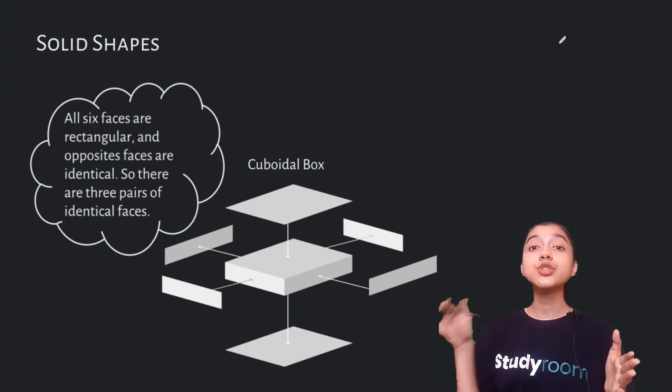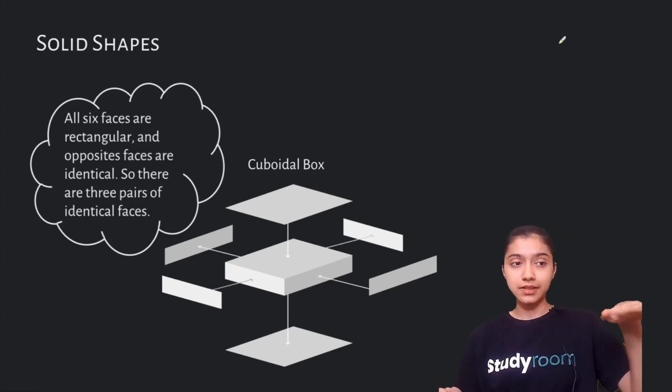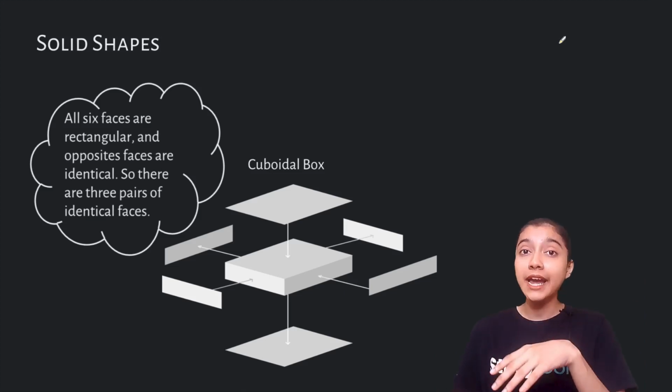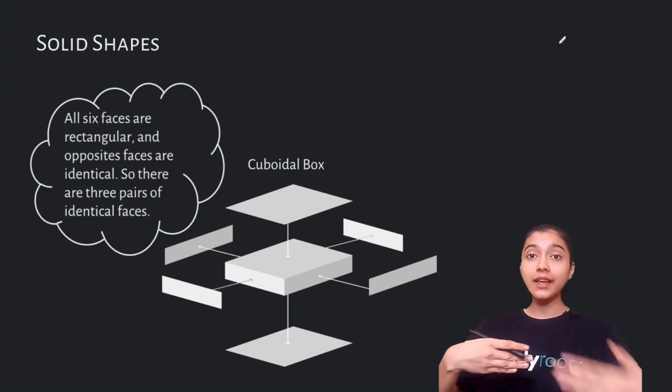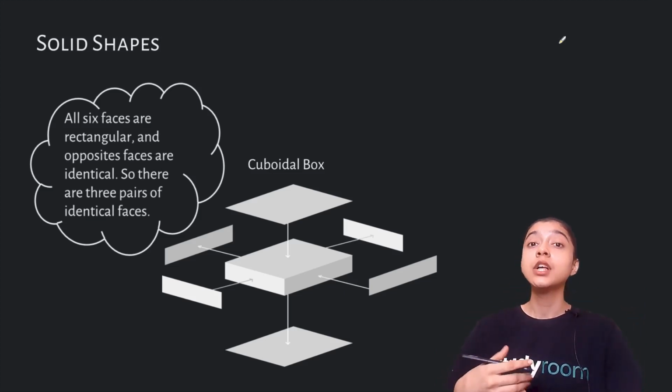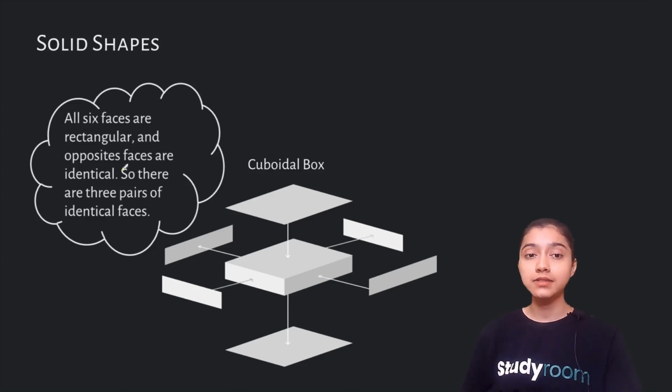There will be in total 6 faces in this cuboidal box, and then the opposite faces, that is the top and the bottom, will be identical. These two side faces will be identical and the back and the front face will be identical. So in total there are 3 pairs of identical faces in a cuboid.